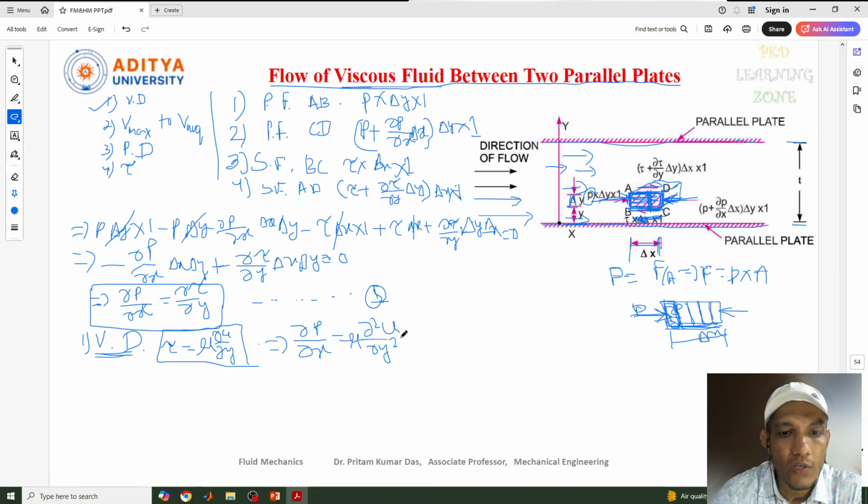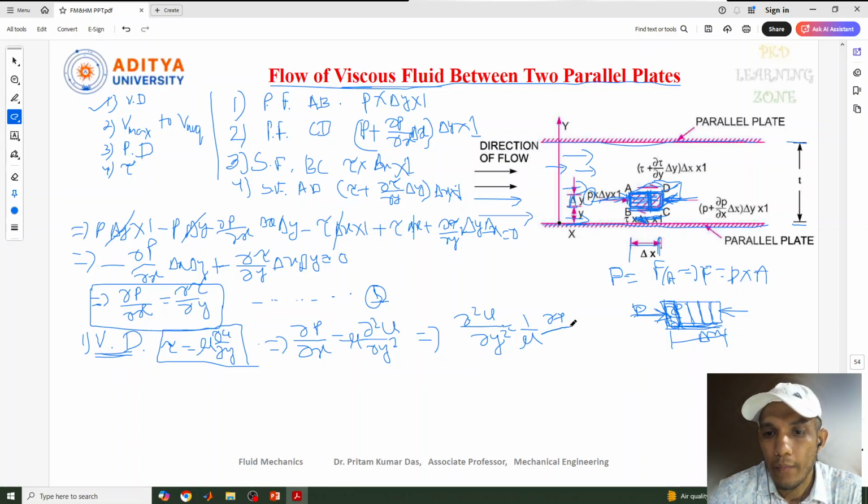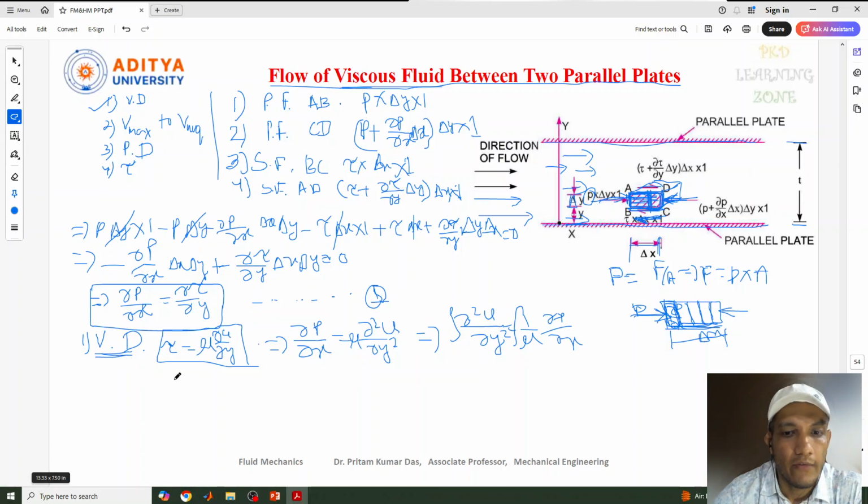Or we can write del square u by del y square equal to 1 by mu del p by del x. Now I'll integrate this equation with respect to y. If I integrate this equation with respect to y, then what will we get?